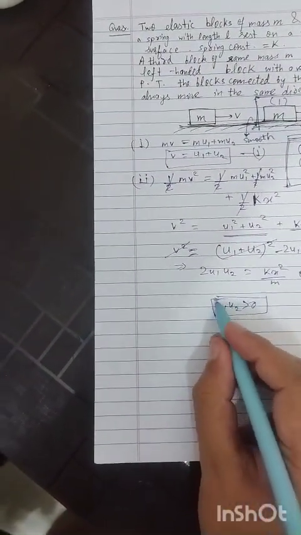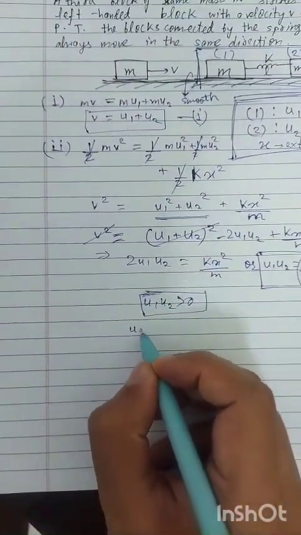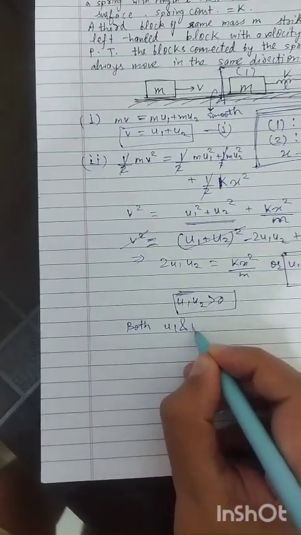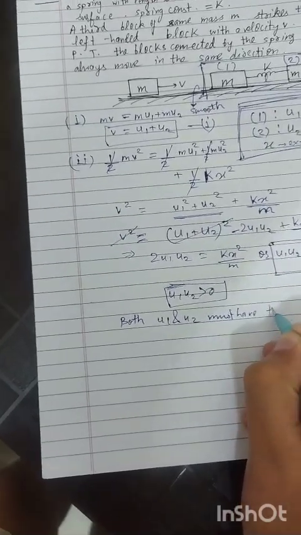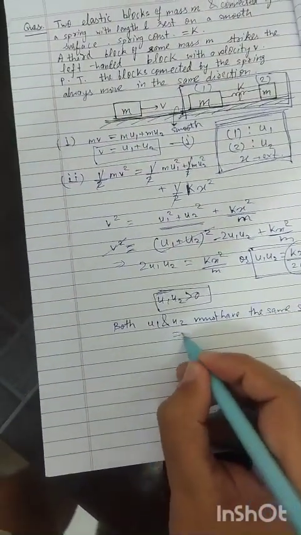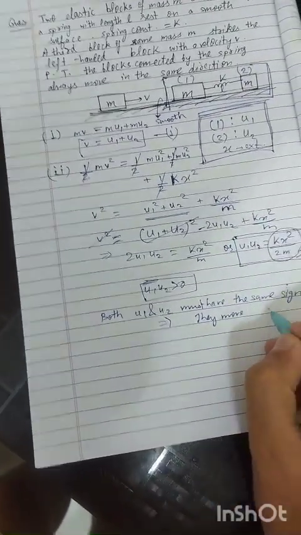Now because the product of u1 and u2 has to be greater than 0, both u1 and u2 must have the same sign, which implies they move in the same direction, right?